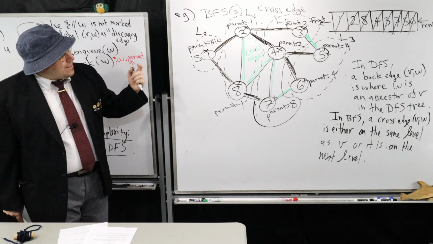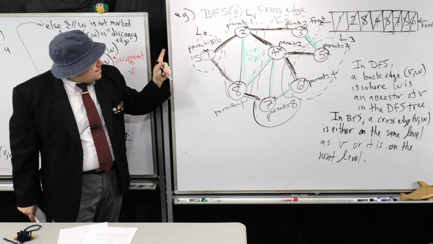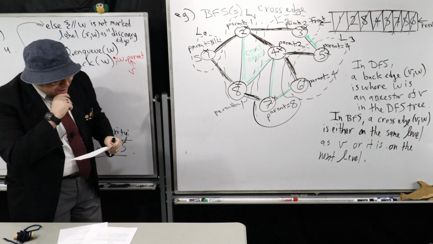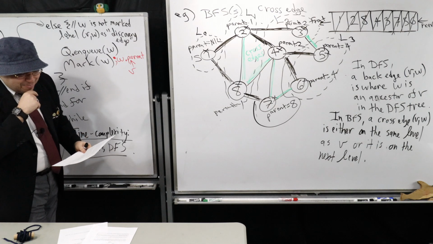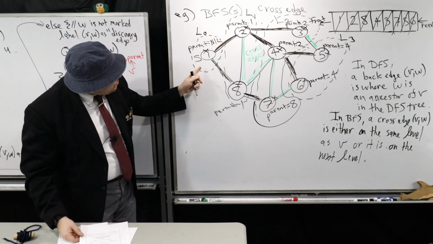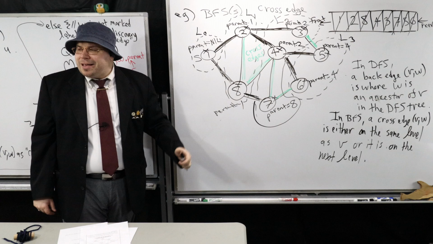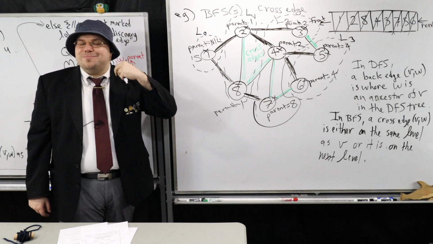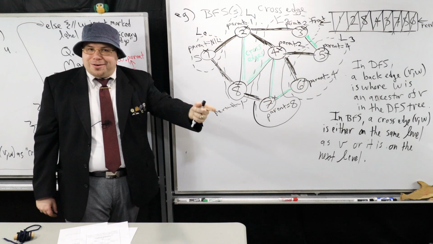Now, these levels actually have a very interesting thing going on with them. Think about it. When I took that one step, why did I go to that vertex? It was because it was next to me, right? I took one step out and it was right there.